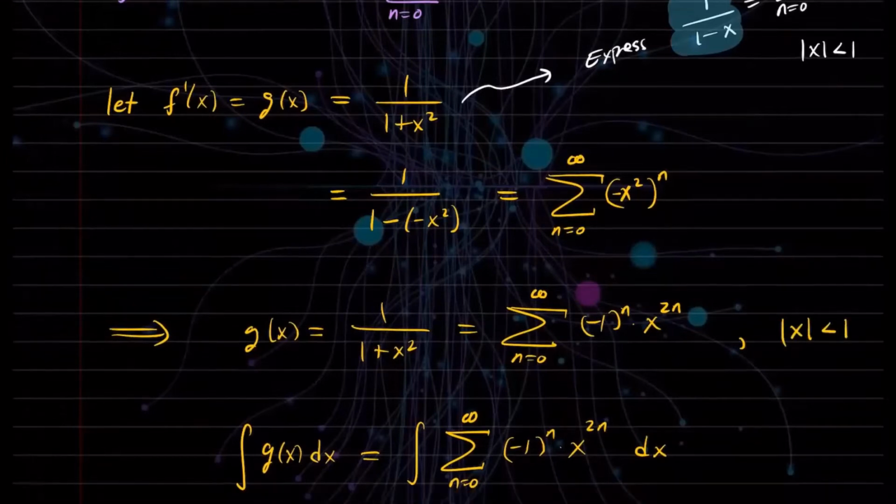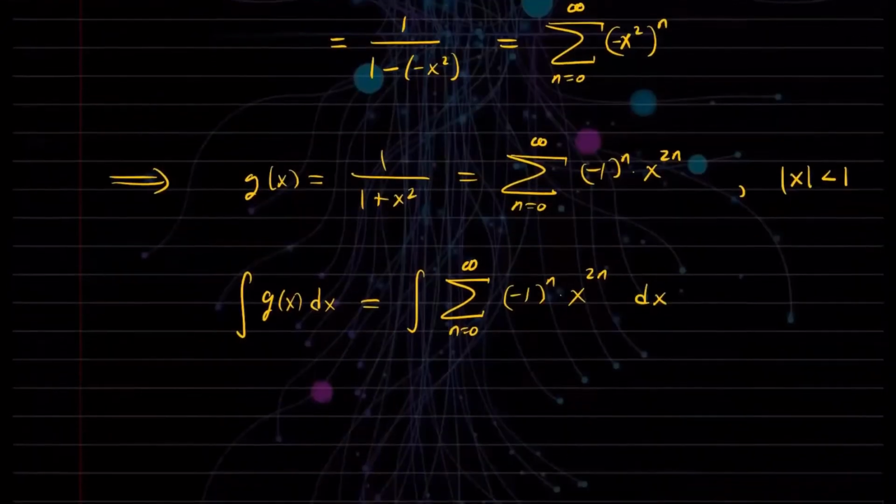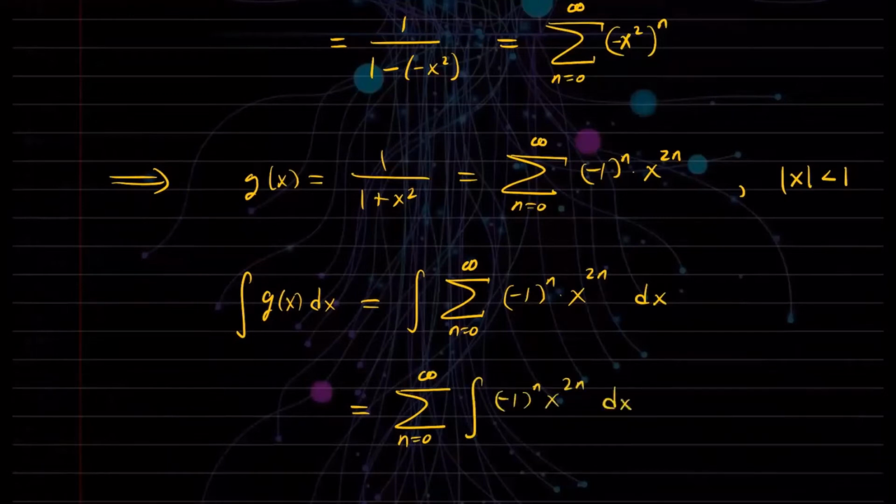So I can integrate within this interval of convergence. So I can look at the sum from 0 to infinity of the integral of negative 1 to the n x to the 2n dx. I can do this switch because I'm integrating only within that interval, negative 1 to 1, because that's where the series converges.